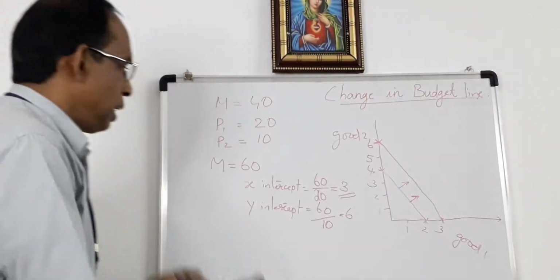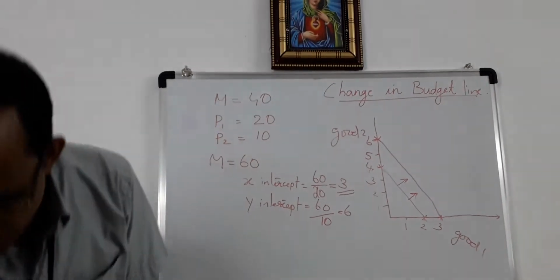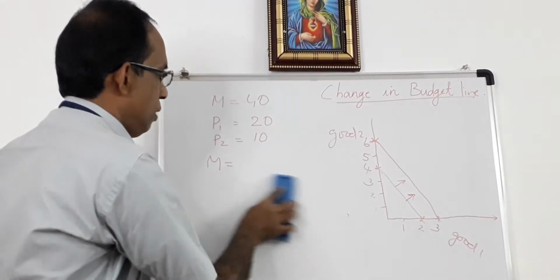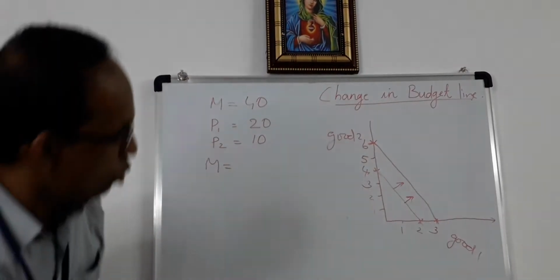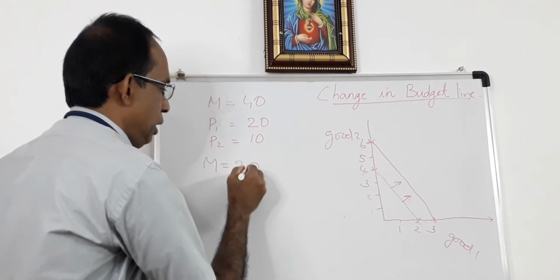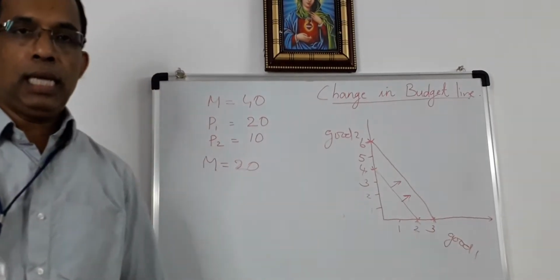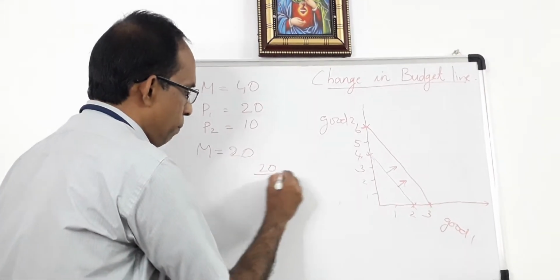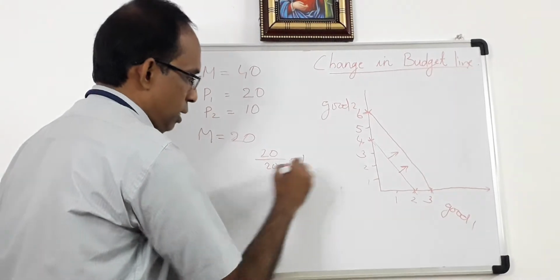Now let us see what happens when income decreases. Suppose income decreases to 20. What happens to this budget line? X-intercept is equal to m divided by P1, that is 20 divided by 20, so it is 1.